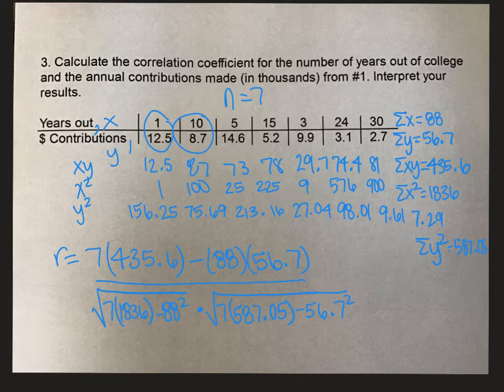So what we're going to do is type that into the calculator. Be careful if you plug it in all at once. My suggestion would be to put parentheses all around this first one, all around this second one, and all around the entire numerator so that it doesn't mess it up in your calculator.